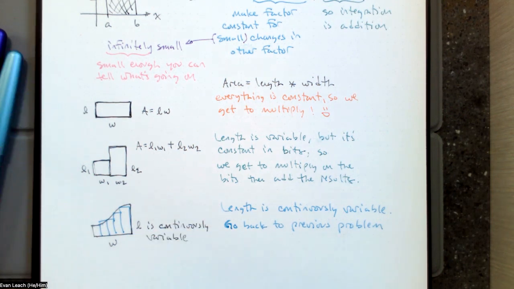We implement this plan by making the continuously variable just variable in pieces, and then make the pieces smaller.